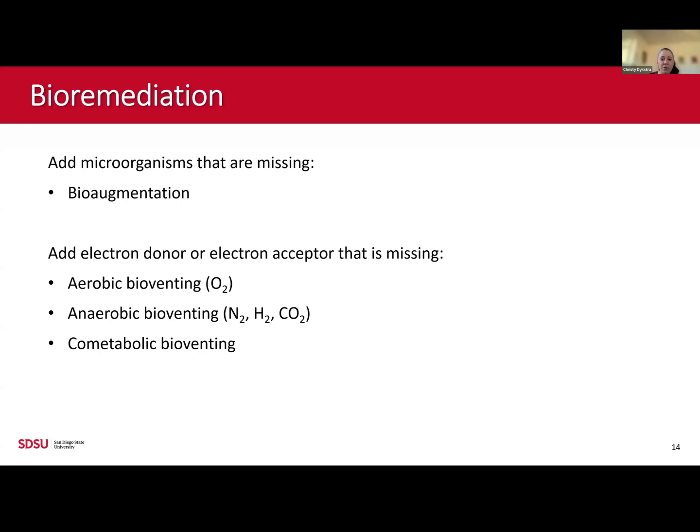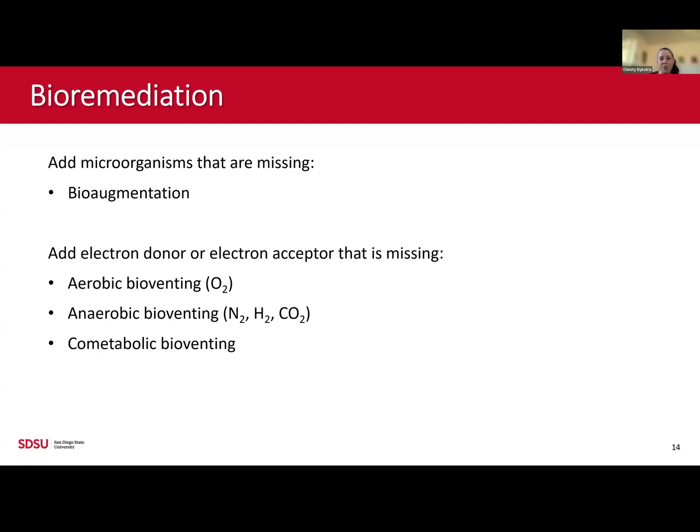If they're thrown into a whole brand new environment, they're not used to competing in that environment with the native microbes that are there. So in a lot of cases, if that microbe is slow growing, or if it's not able to keep up and outcompete the native microbes that are already in place, then sometimes bioaugmentation doesn't work.